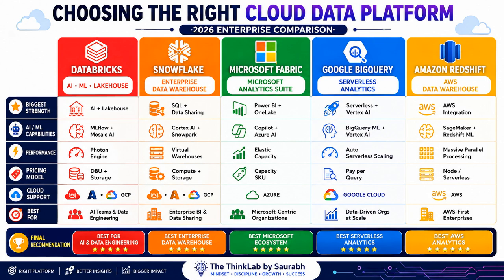The Photon engine accelerates SQL execution and improves performance. For artificial intelligence, Databricks provides MLflow, feature store, model registry, model serving, and some generative AI applications. If your company is building LLM RAG pipelines, recommendation systems, or streaming analytics, Databricks is often one of the strongest choices, right?